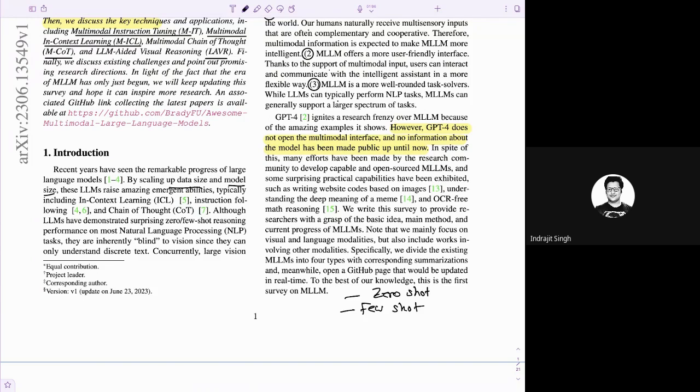These are more sophisticated methods, not zero shot but few shot, revolving around ICT, ICL, COT, everything. Okay, so we'll go there soon.